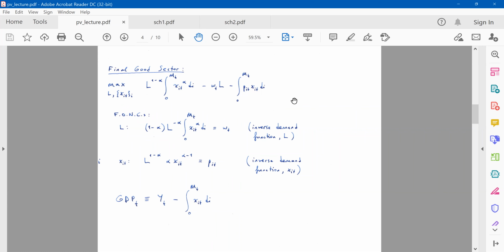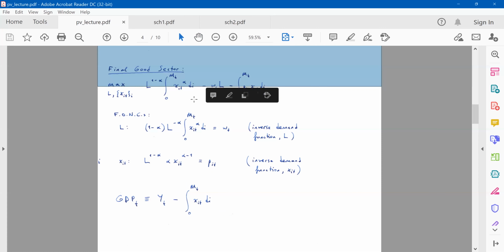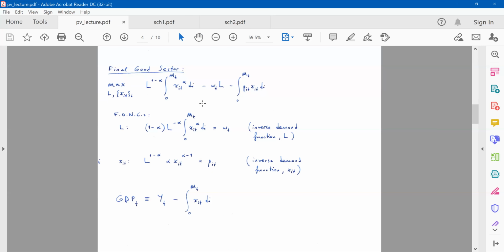So very simple. For the first order conditions, just take the derivative. Don't be intimidated by this integral term. Integral is just summation, so you can easily take the derivative.